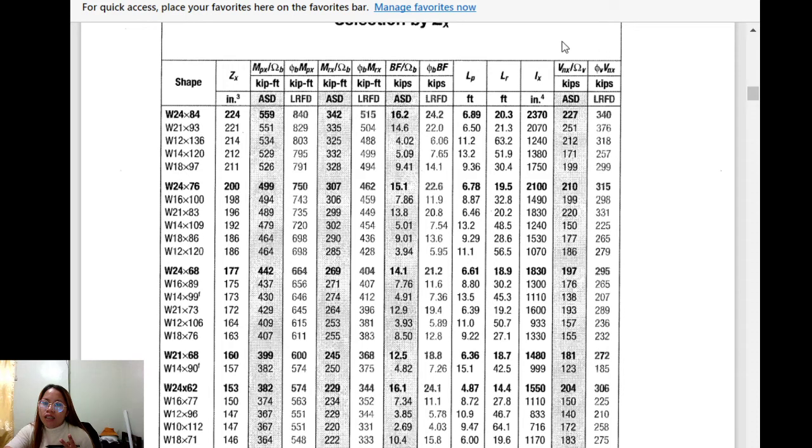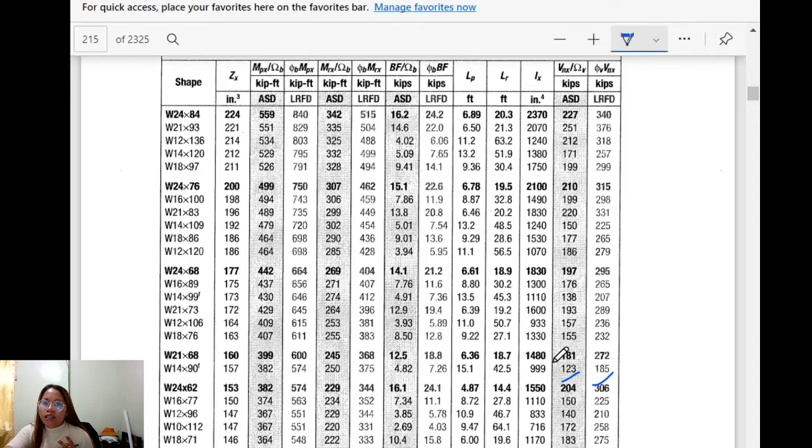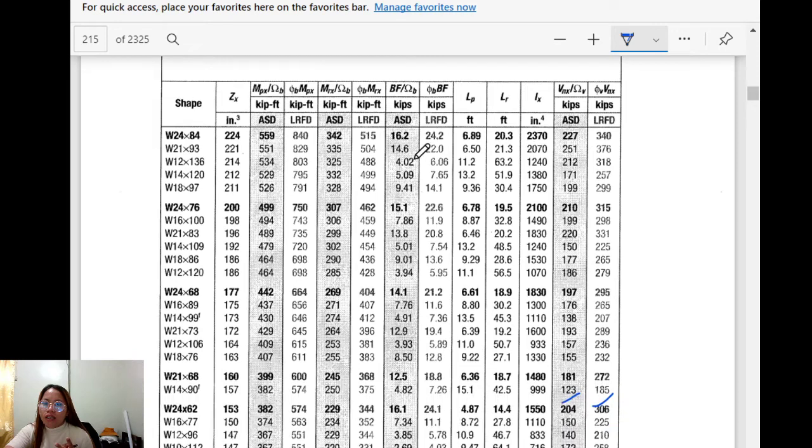So it has the values for the allowable strength and the design strength, the ASD solution and the LRFD: 123 and 185. So it is no longer necessary to compute by following those procedures, because it is automatic in the table.